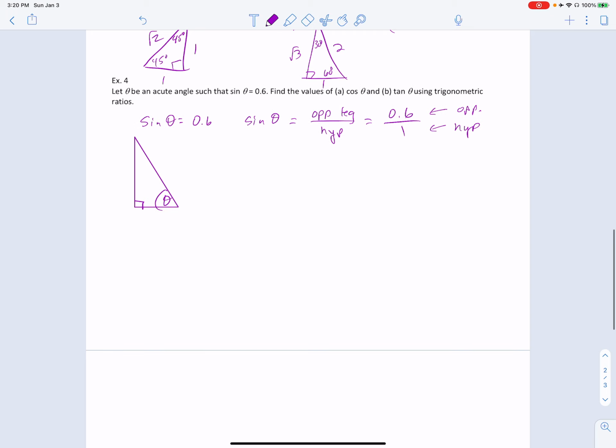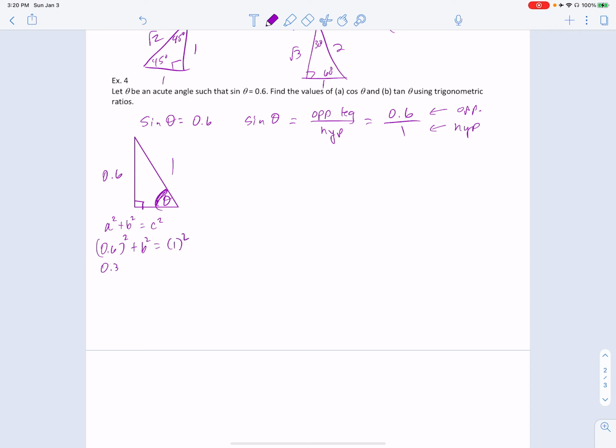So if this is my reference angle, this theta, then the opposite leg is 0.6 while the hypotenuse is 1. And then I can find the third side of this by a squared plus b squared equals c squared. And so it doesn't matter which one's which, but 0.6 squared plus b squared equals 1 squared, because c is always your hypotenuse.